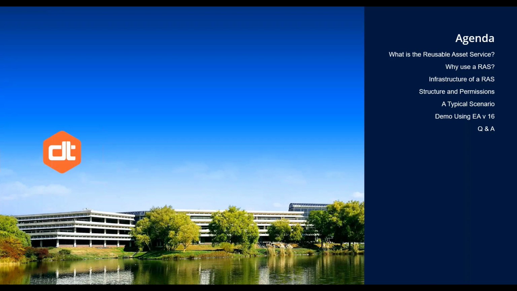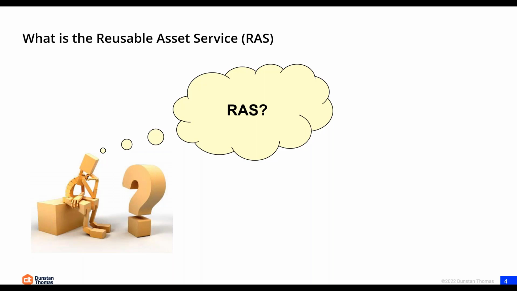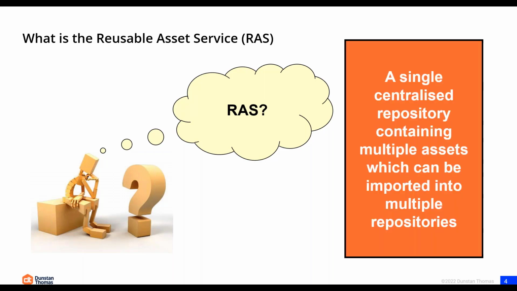So, what is a reusable asset service? Well, it is a single repository, and this repository has certain constraints, which we'll meet in a moment. But what it does is it contains multiple assets which could be imported into other repositories.